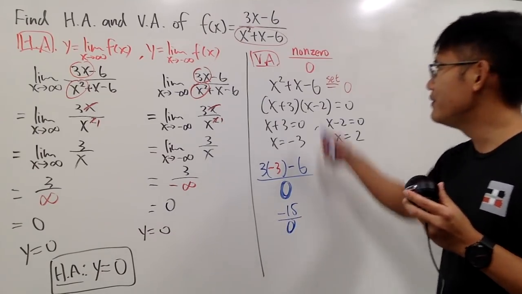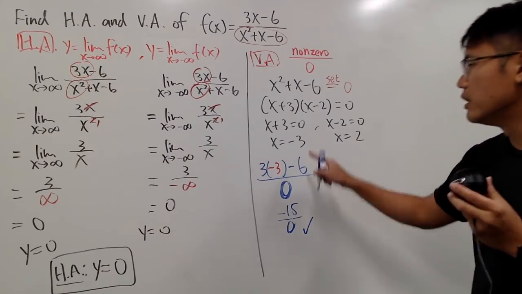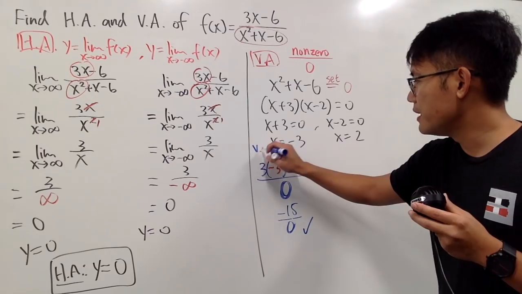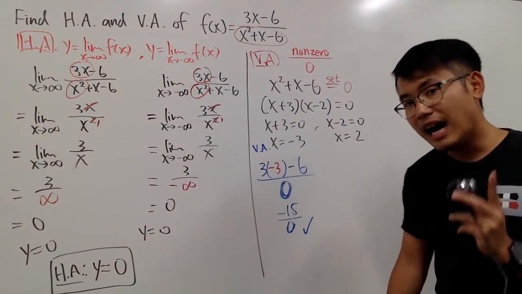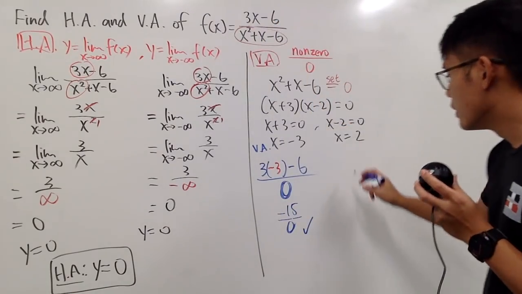So you know it fits this condition. So yes, there will be a vertical asymptote at negative 3. So I'll just put this down, VA right here. So it checks.